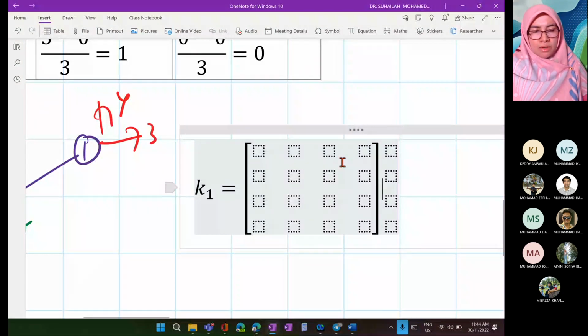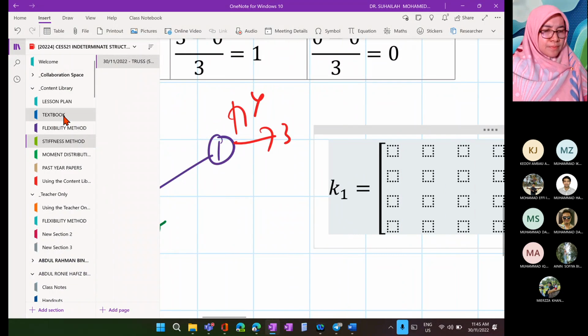So we use the formula. We will use the formula shown previously in the textbook. Okay, in the textbook, this is the formula.